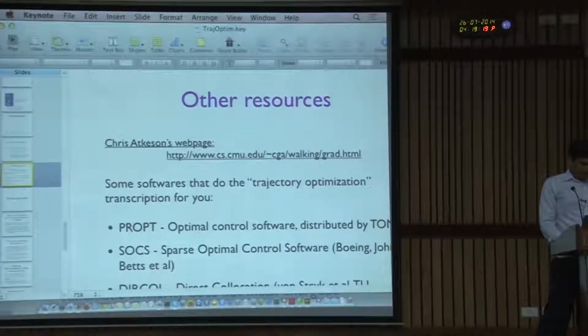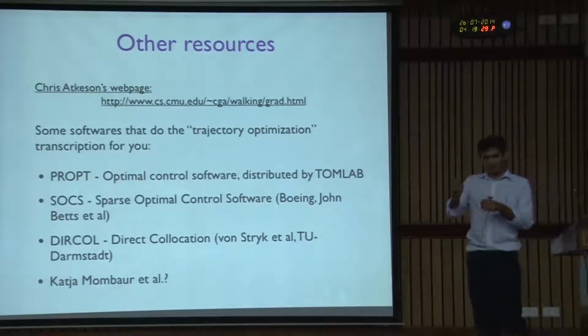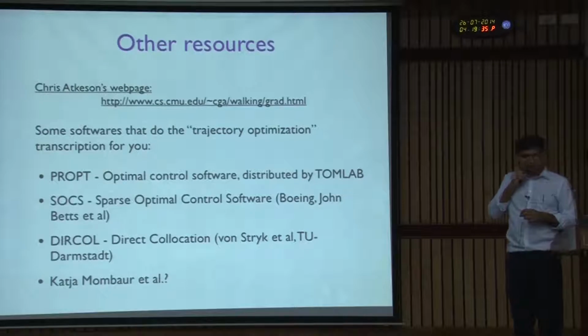So there are lots of resources. There is canned software to do the transcription. I wrote my own code where we integrate the differential equation piece by piece and put all the constraints together. There is some software that tries to do it for you.